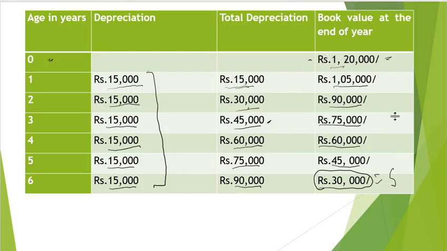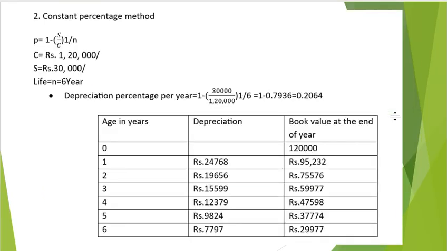Now we will see how the second method, the constant percentage method, works. We have already discussed how you can calculate the percentage. The formula is 1 minus (S upon C) raised to power 1 upon N. C is original cost, which is 1,20,000. S, salvage value, is 30,000.